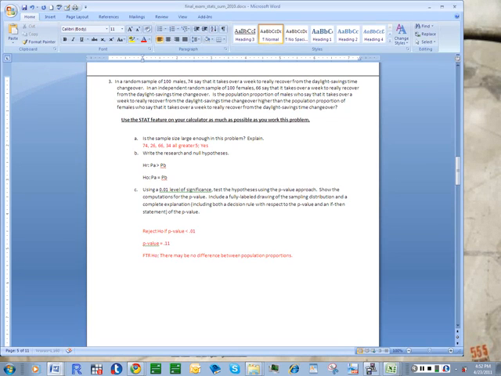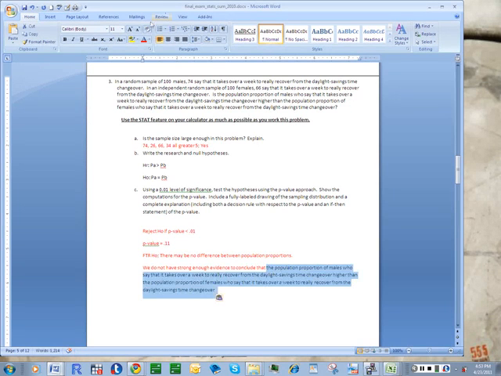Better yet, we could say we do not have strong enough evidence that the population proportion of men is greater than that of females who say it takes over a week to recover.